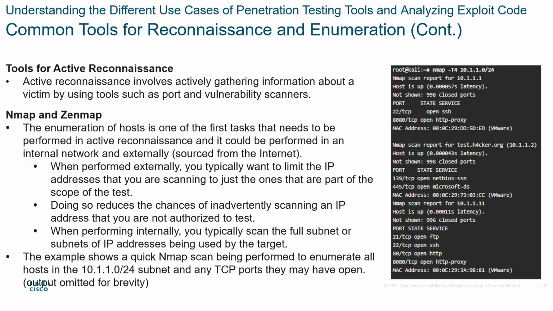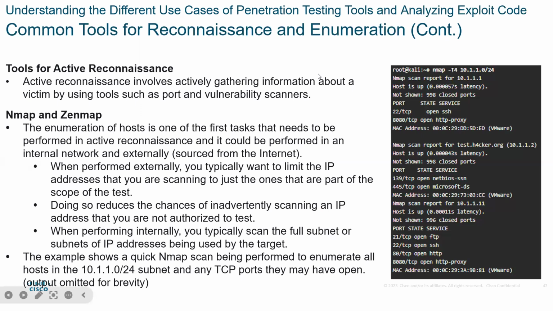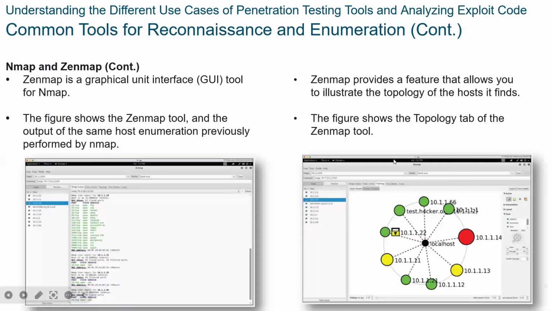Nmap and Zenmap are the same tool, but one is CLI, command line interface, and one is GUI, graphical user interface. So if you're on Windows or some operating system where you want a graphical environment, this is what it looks like. You could use Zenmap. All you need to do is load it up, type your IP address, select the kind of scan that you want, whether a quick scan or a comprehensive scan, and hit scan.